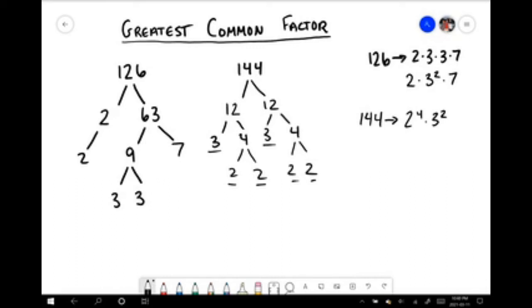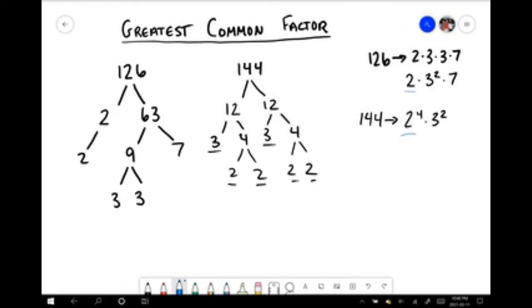So what we're going to do here with our two numbers written out as a product of prime factors is find the smallest of the numbers that we can work with that are shared between the two. So we can see here that in both cases, we'll change colors here, in both cases we have a 2 here and there's a 2 here.